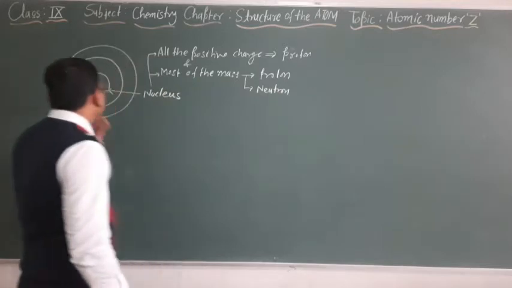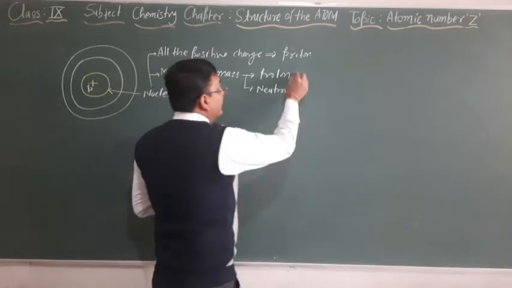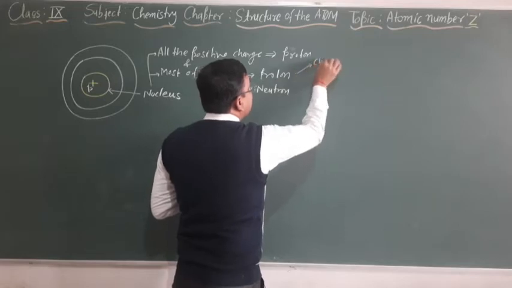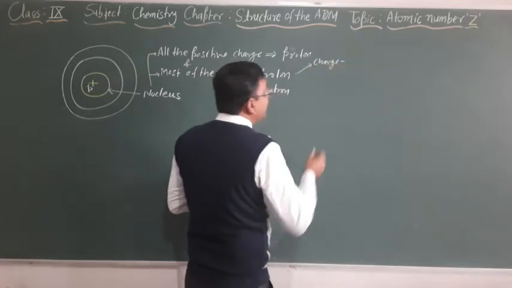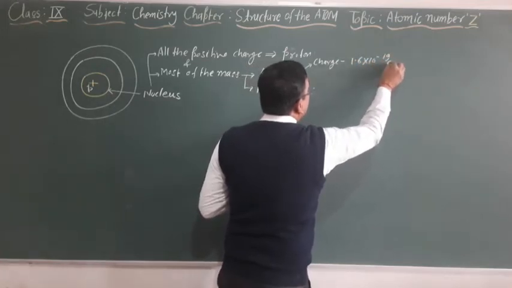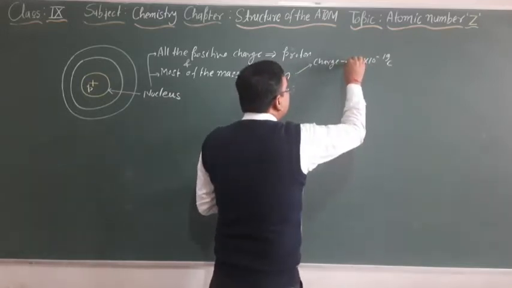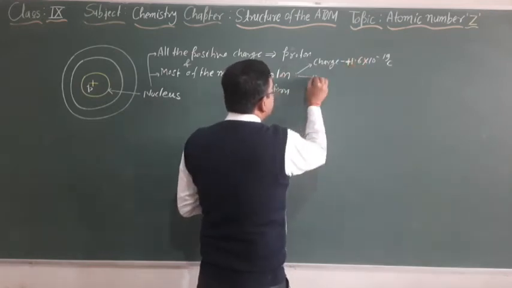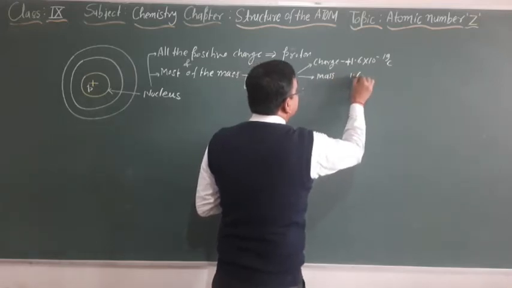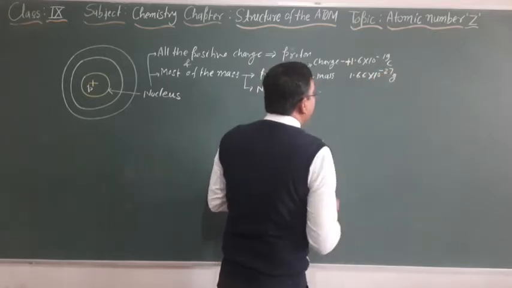In this way, the nucleus consists of protons and neutrons. The proton carries a positive charge of 1.6 into 10 to the power minus 19 coulomb, and its mass is about 1.66 into 10 to the power minus 27 gram.